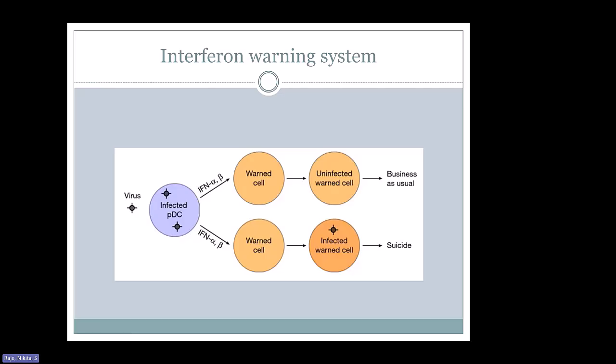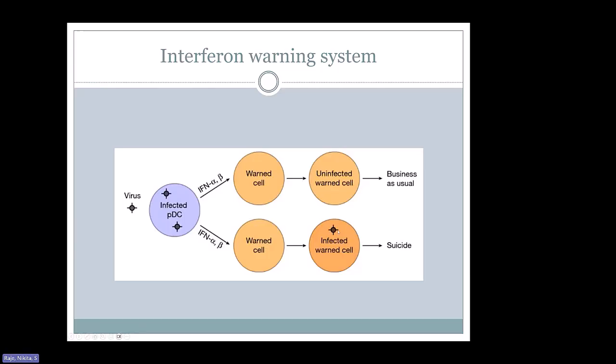How does it work? If there is a viral infection, here is an infected plasmacytoid dendritic cell. It produces interferon alpha and beta, which goes and acts on the neighboring cell, warning it. If it is an infected cell, it will make that cell undergo apoptosis.